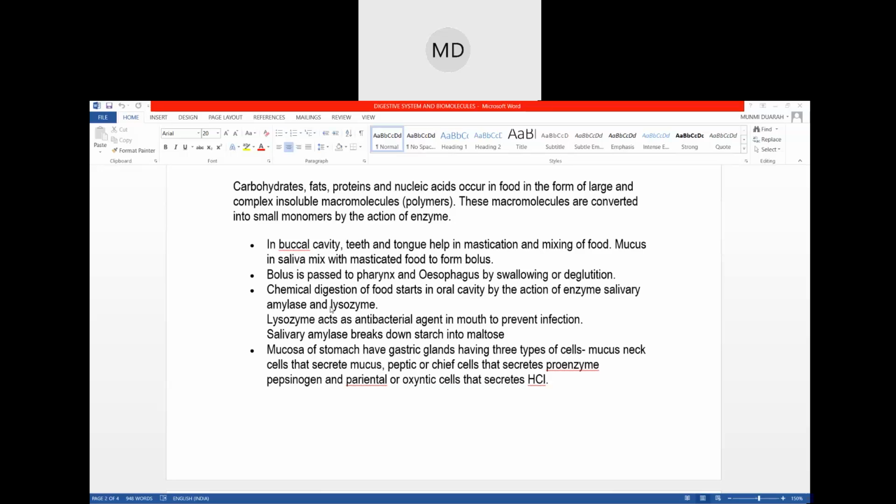Okay, and then the food is passed into the pharynx. In the pharynx, the only role is that the epiglottis will channel the food into the esophagus and not to the windpipe. Then the food travels from the pharynx to the esophagus.